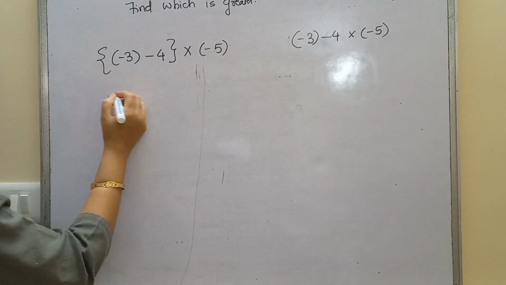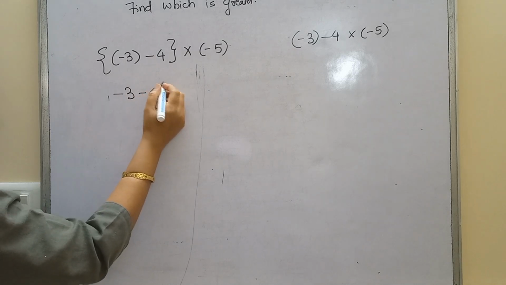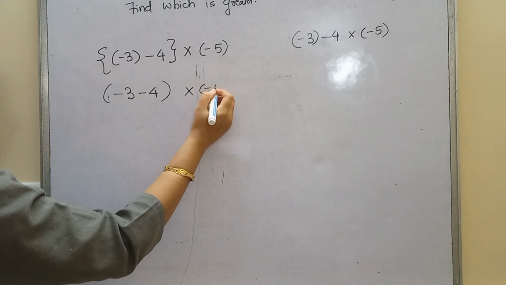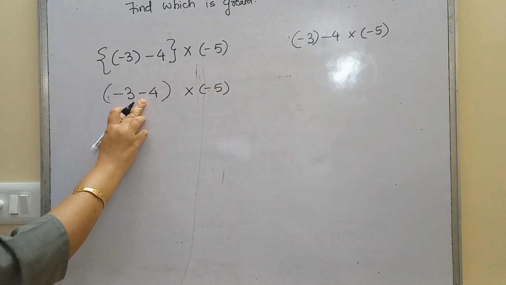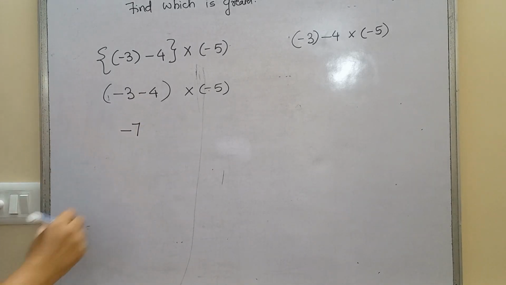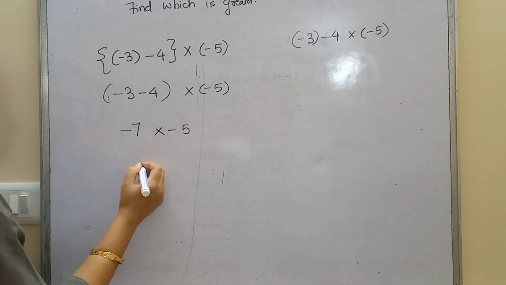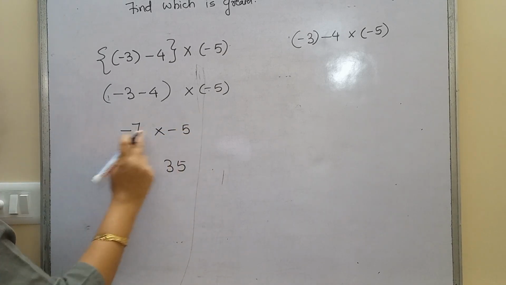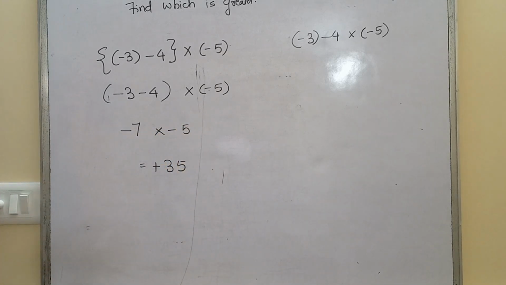This becomes minus 3 minus 4 into minus 5. Minus into minus is plus, so plus 35 comes here. Let's see what comes there.